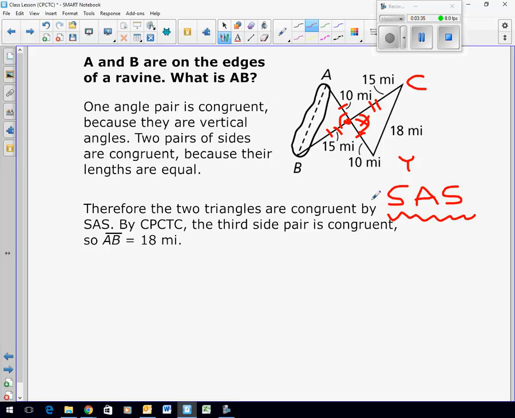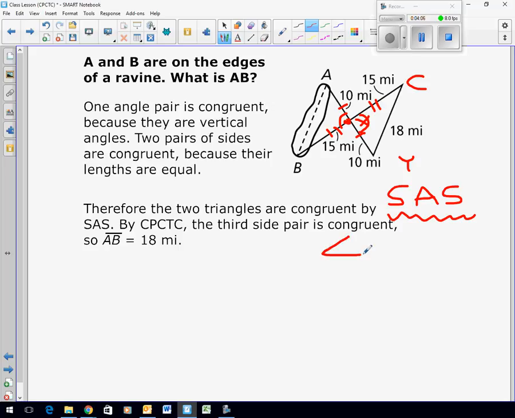It says the angles between the two sides are congruent, but when do I use something like side angle side? Think bigger picture. Go one step bigger than that. What does that give me? What's congruent? The triangles are congruent, right?